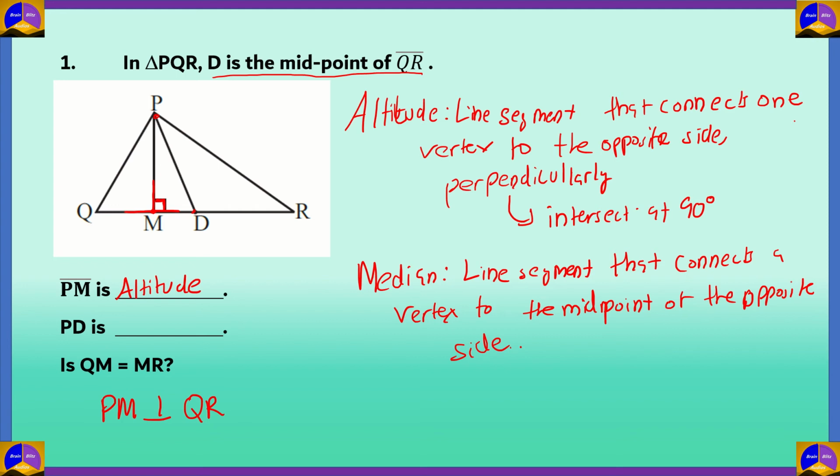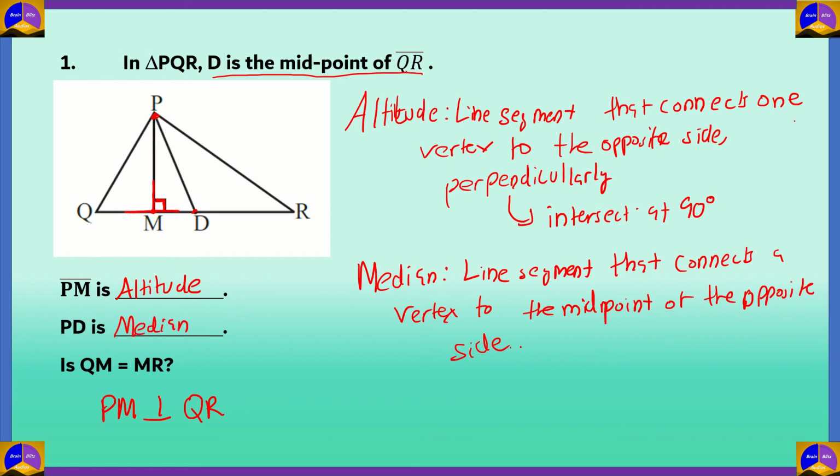Now P is the remaining vertex other than QR. So PD is connecting P to D, a line segment that connects one vertex to the opposite side at its midpoint. So PD is the median. P is one vertex and D is the midpoint, so PD is the median.